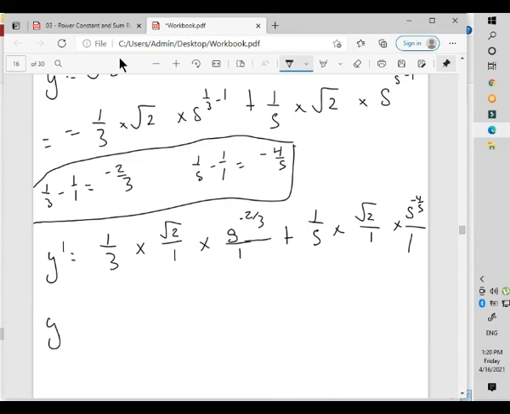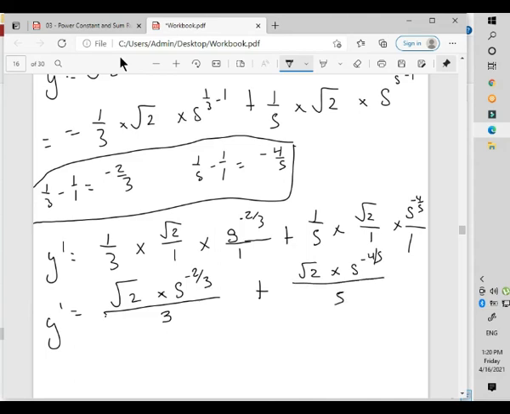So this is now equal to root 2 times s to the minus 2/3, which is all being divided by 3, plus root 2 times s to the minus 4/5, all divided by 5.